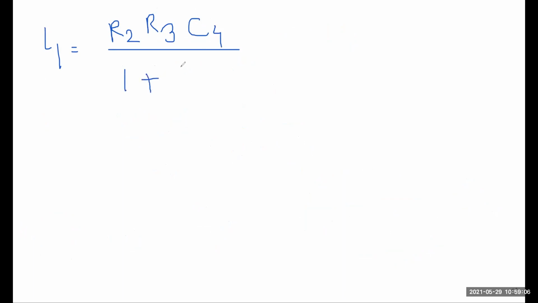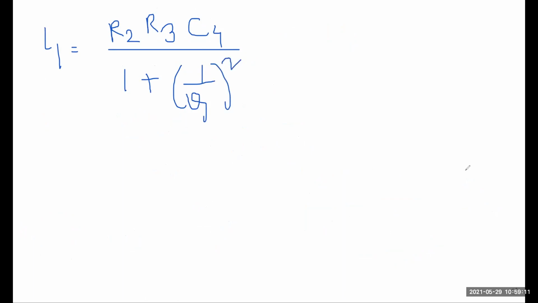So in the next page, after substituting the value of Q, the unknown inductance L1 will look like R2, R3, C4 divided by 1 plus 1 by Q whole square.